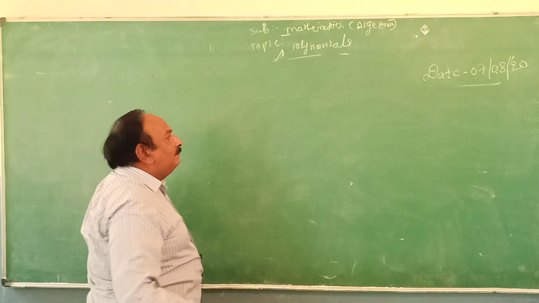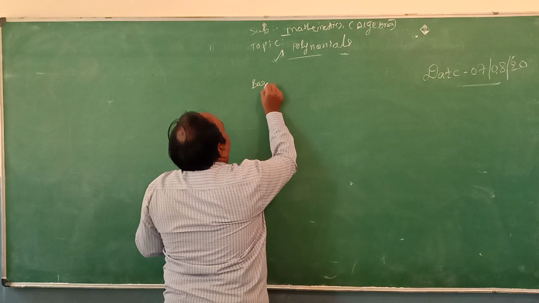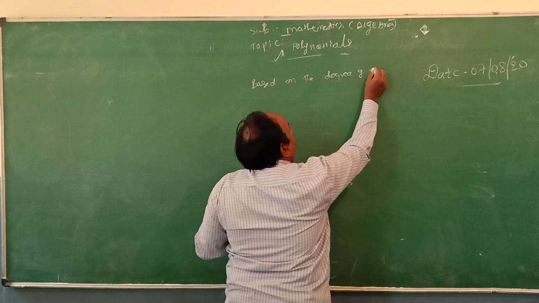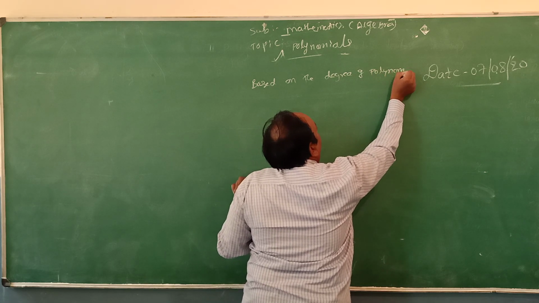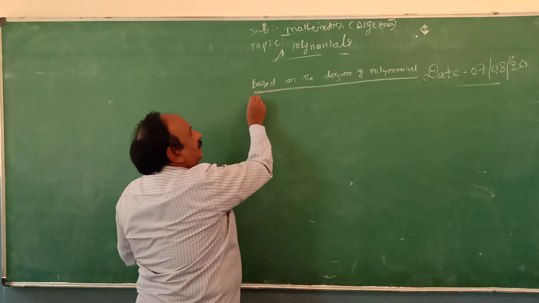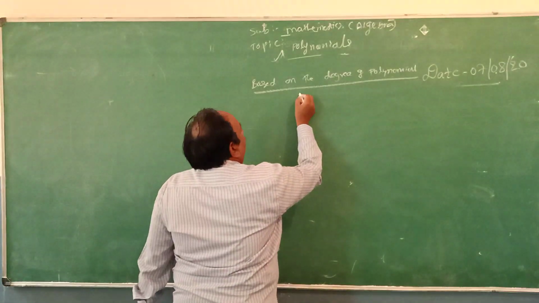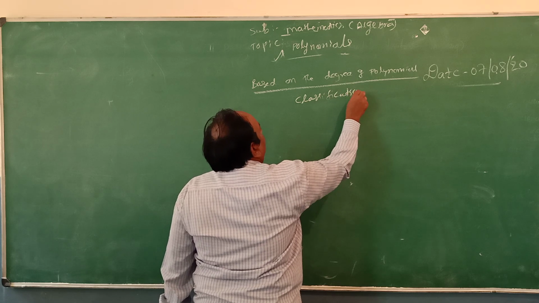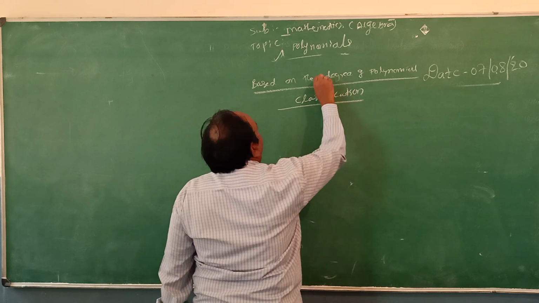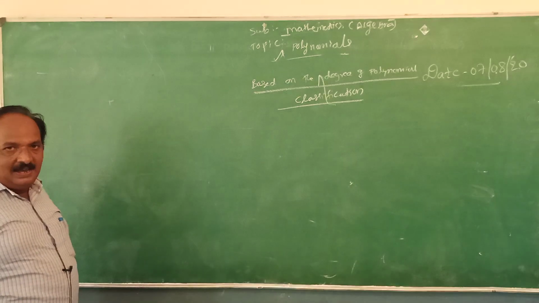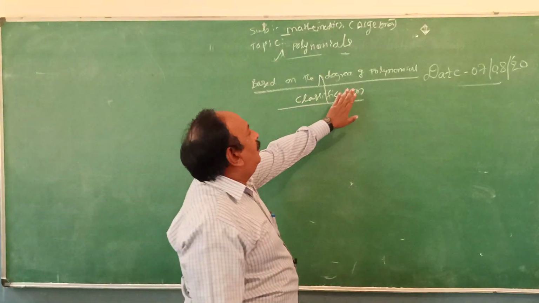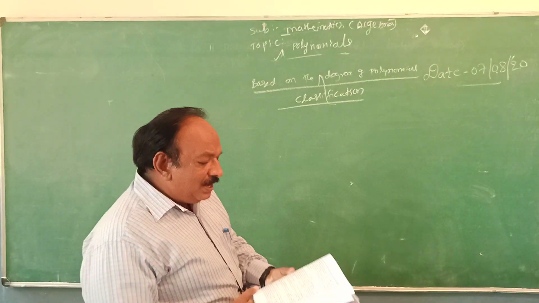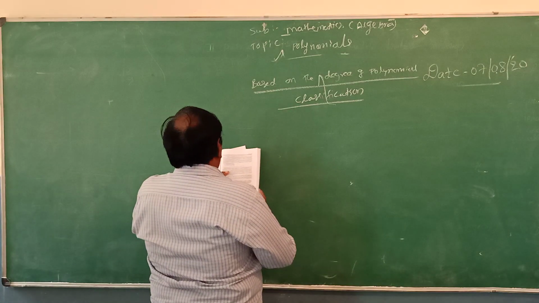Based on the degree of the polynomial, we may write like this: classification of the polynomial based on the degree. Based on the degree, we are going to classify the polynomial.